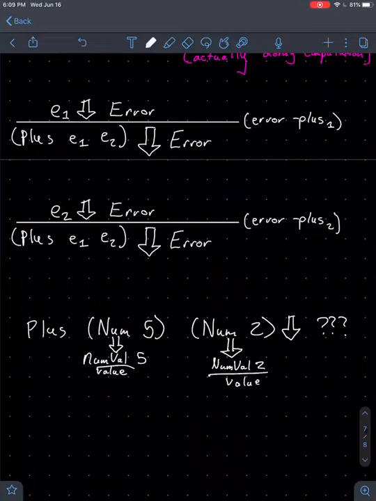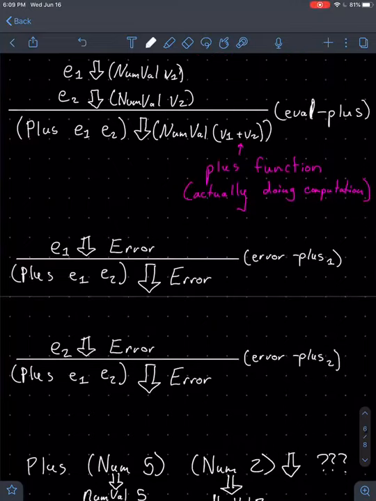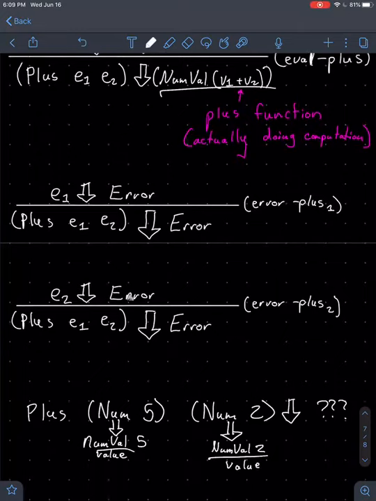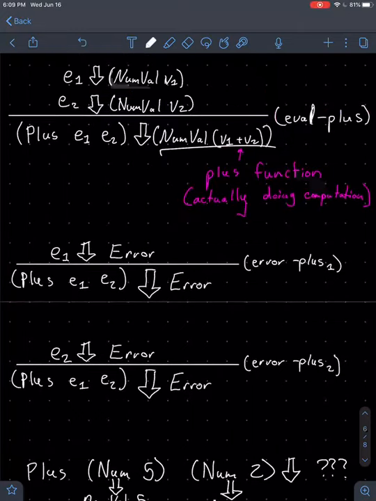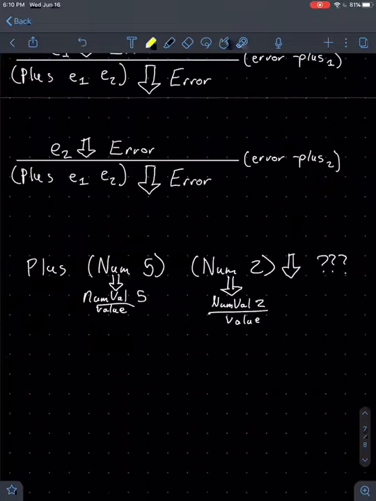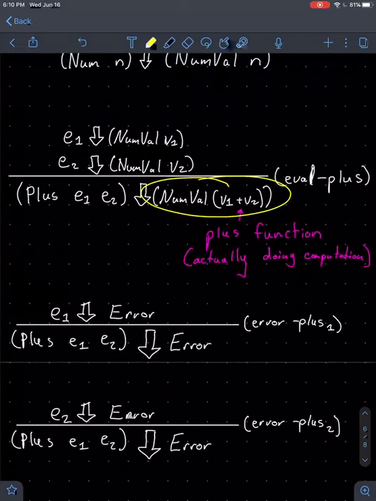These weren't errors. And so now we can go look at our plus rule. We have values for V1 and V2. If I have values for V1 and V2, then my output is what, based off this rule? I have a numval 5 and a numval 2.